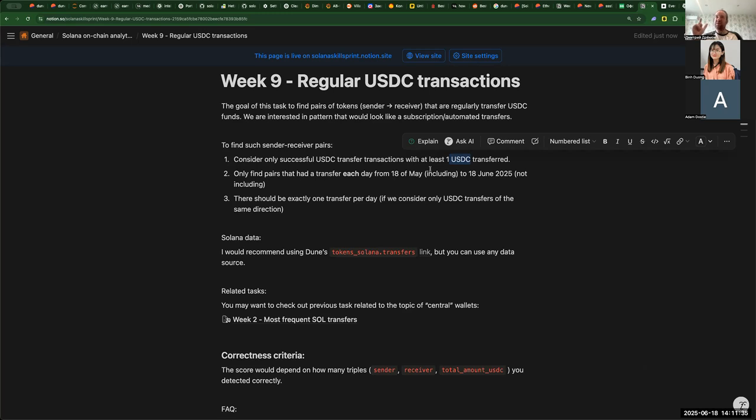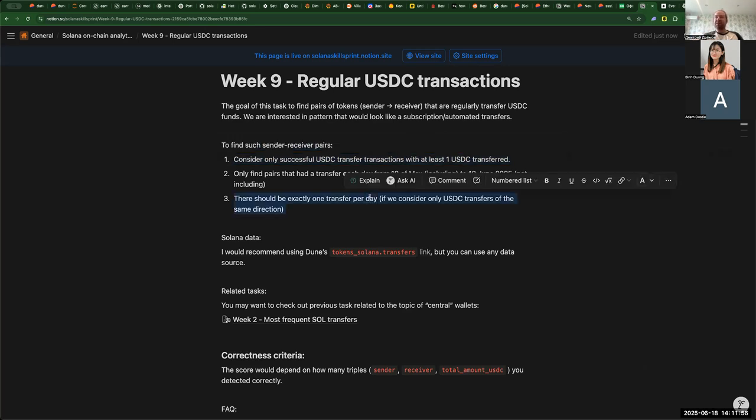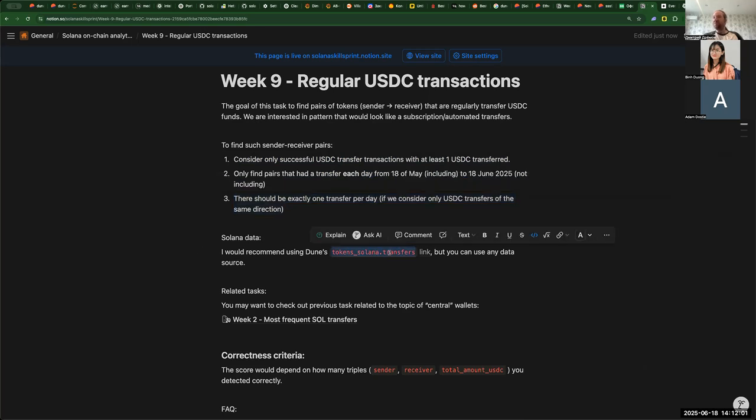We don't really care, or it may be just moving extra funds from one account to a cold wallet. But the interesting thing here is to pinpoint these connections between wallets, more than just a transfer, a regular transfer. And actually we have this Solana transfers table, which makes it a relatively simple task.